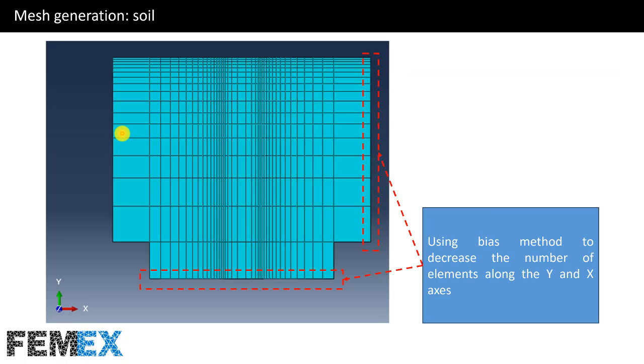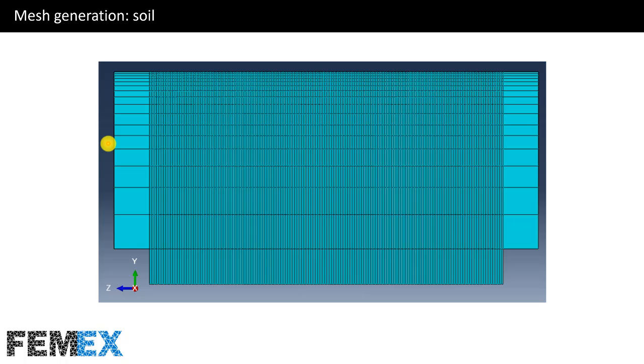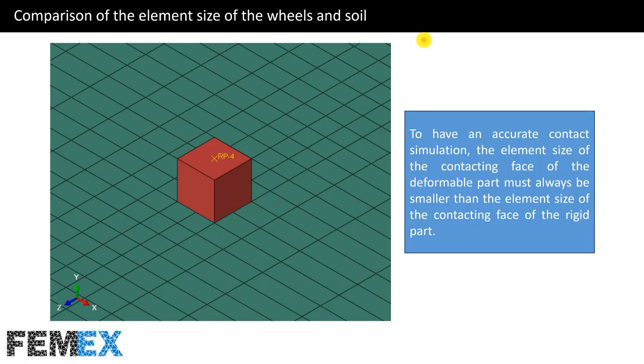Here we have the mesh of the soil from the XY view. And as you can see, bias method is used for these edges to decrease the number of elements along the Y and X axis. And here we have the mesh of the soil from the YZ view. Now I want to compare the element size of the wheels and soil.